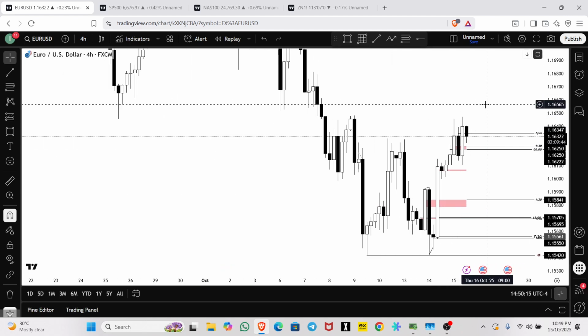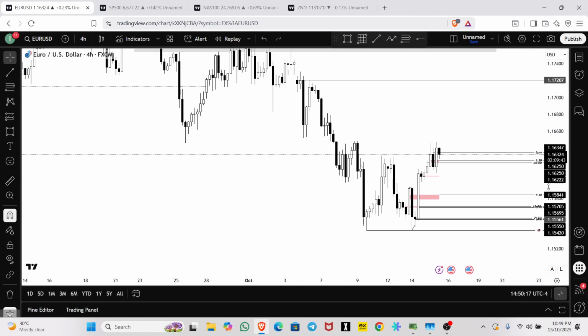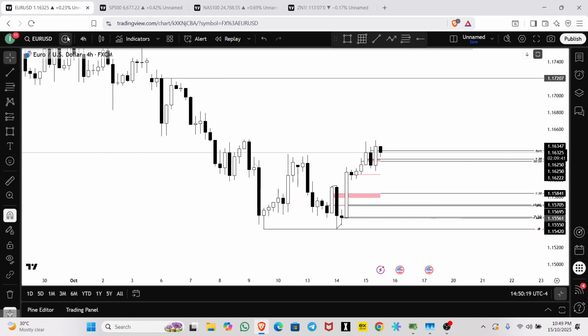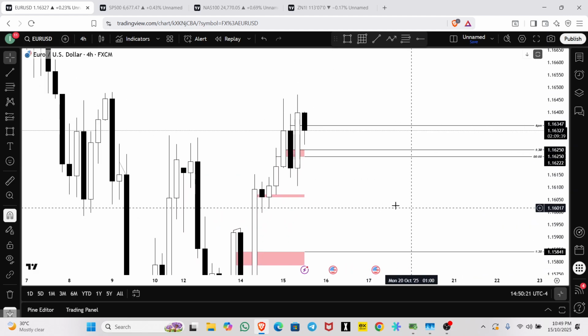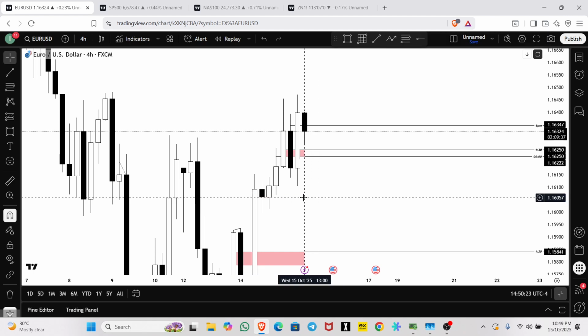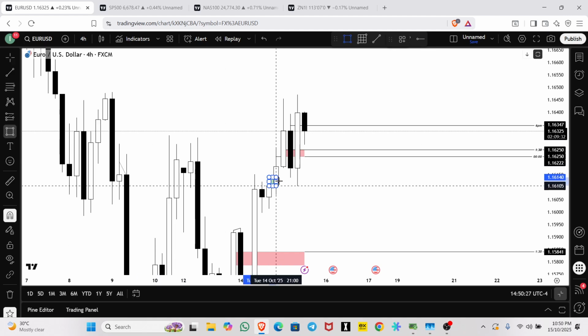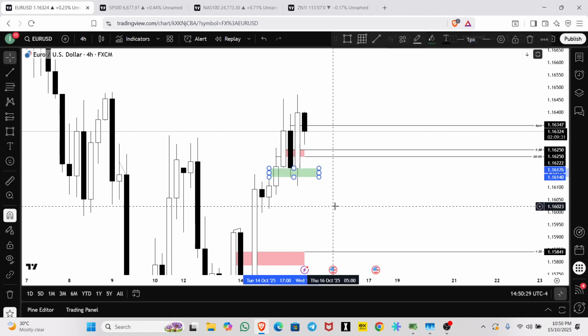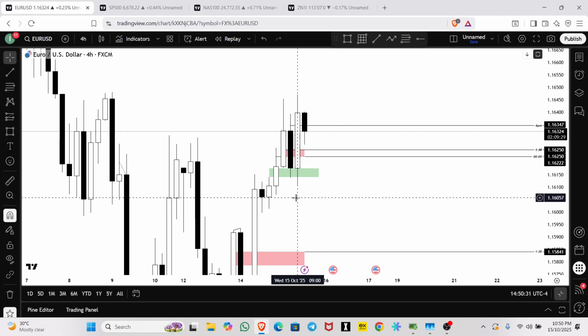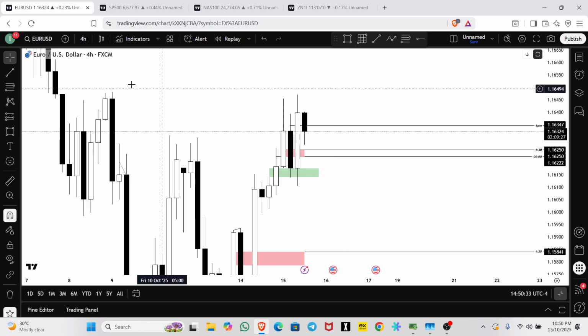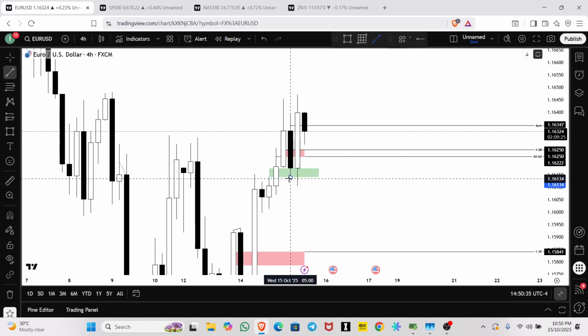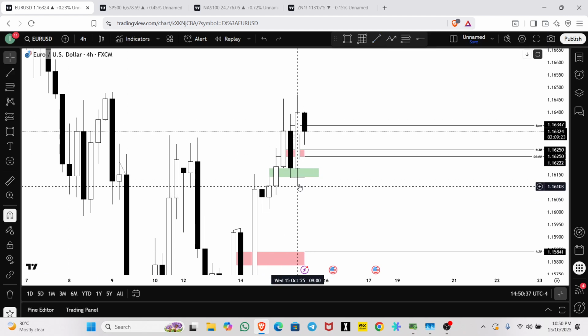Okay, and profiling the market, profiling the day, the whole day, if you would see, we had an internal liquidity which is right there, a 4-hour fair value gap. Okay, and we swept these lows right there.